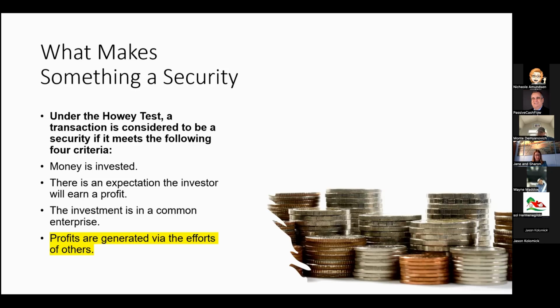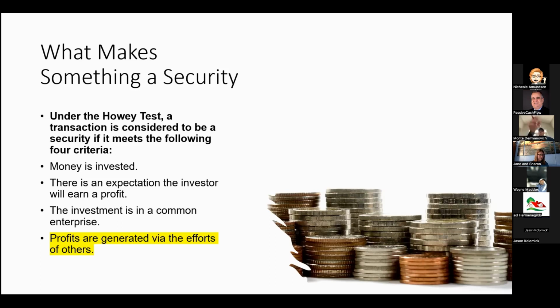And this is what tends to get us the most, this last one, that the profits are generated via the efforts of others. So what that means is that if you are taking money from an investor, and the investor is expecting you to make money for them, they expect profit, and they don't have any say.